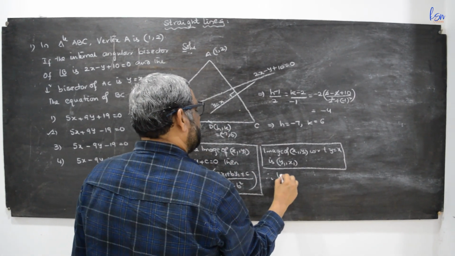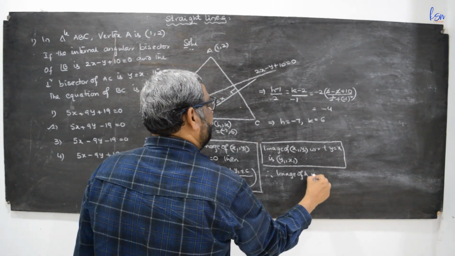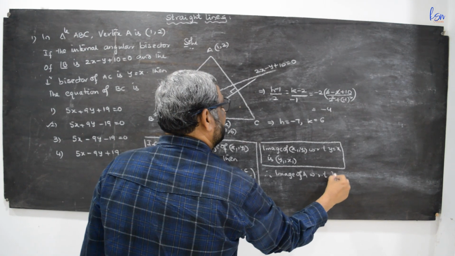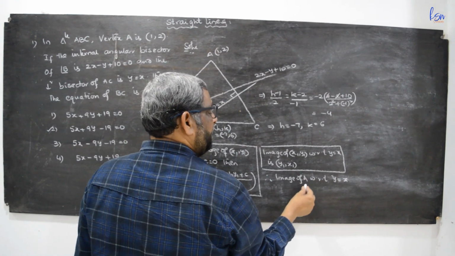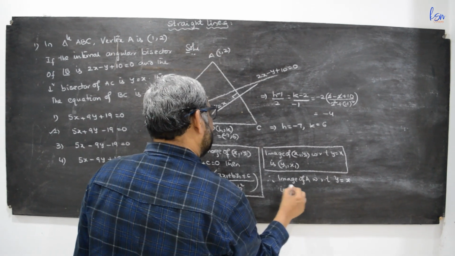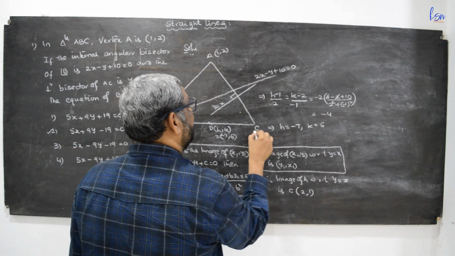Therefore, the image of A with respect to y equal to x is C (2, 1).